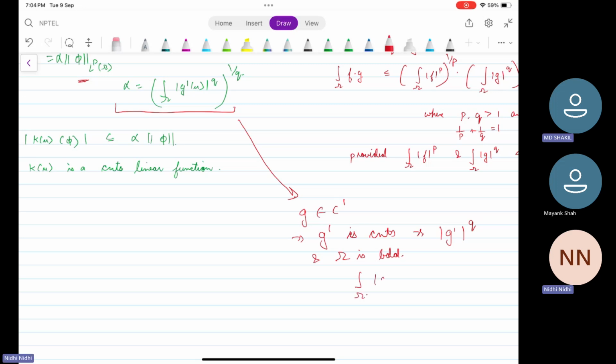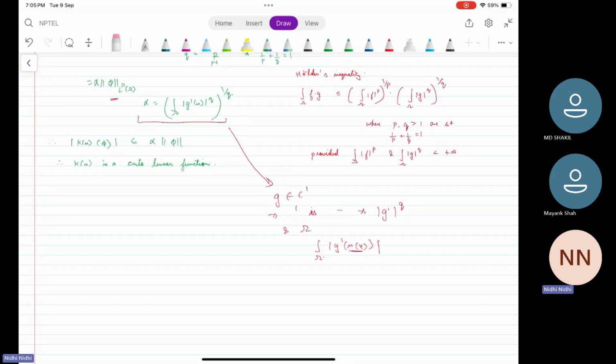Hmm, no, I don't see, there's an issue. The domain is Ω, but we are applying g' over u(x), so from there we can't say. So wait, I'll write in detail.